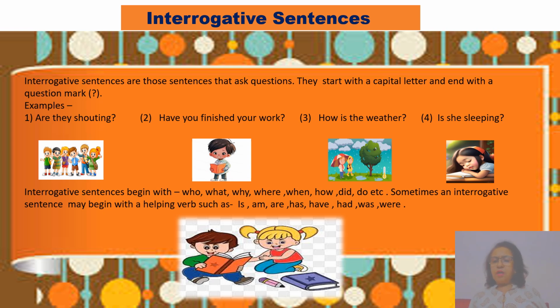So the teacher, or maybe her friend, is asking, is she sleeping? You can see, children, that at the end of all the four sentences I have added a question mark. So when you add a question mark, your sentence becomes an interrogative sentence, or a question sentence.